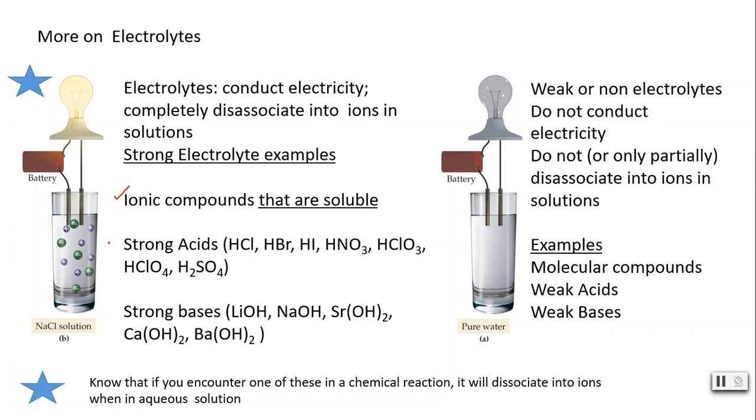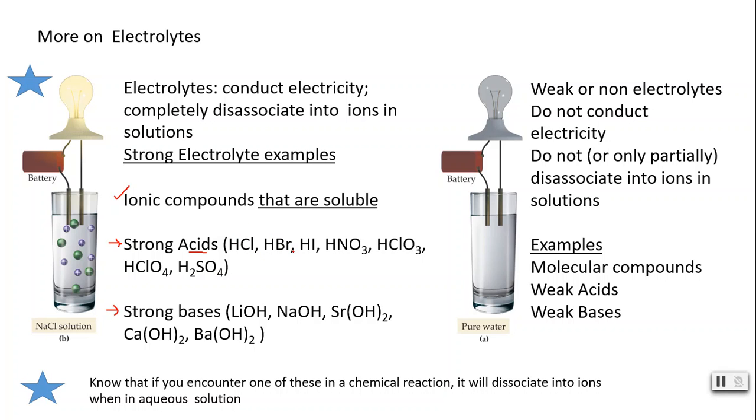The other two categories of strong electrolytes are ones that we will revisit when talking about acid-base reactions. Two other categories of strong electrolytes are called strong acids and strong bases. Now, we've already talked about acids when naming acids in Chapter 5, so you should be able to look at this list of species and realize that they are acids because of the hydrogen at the beginning.